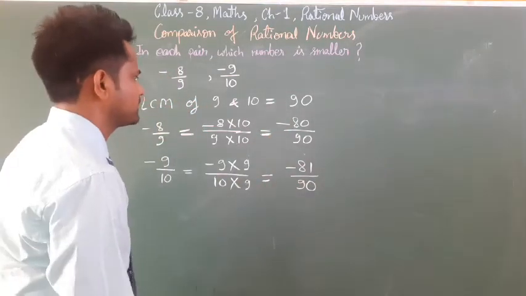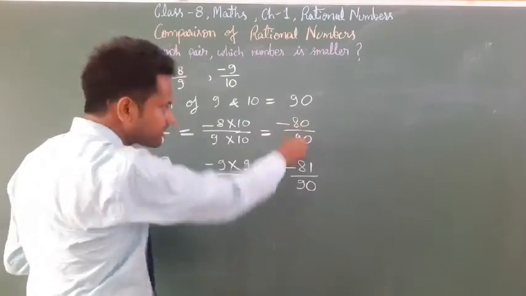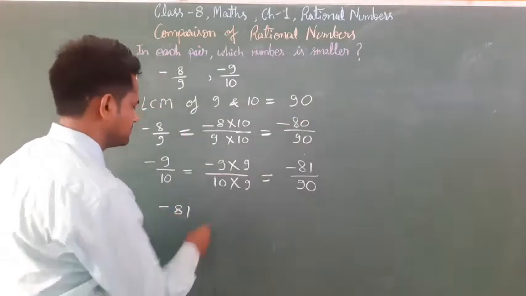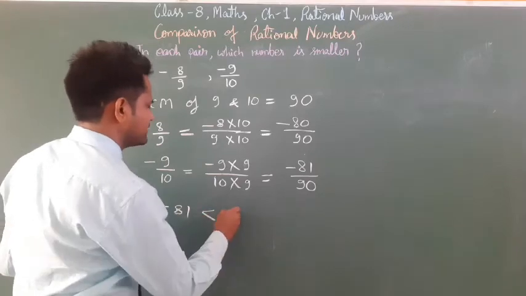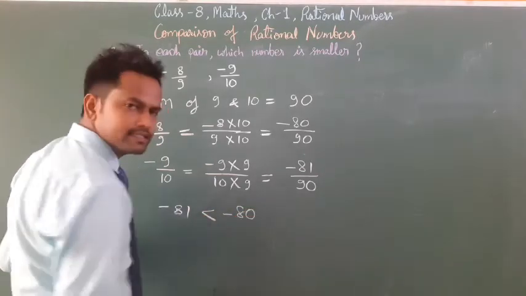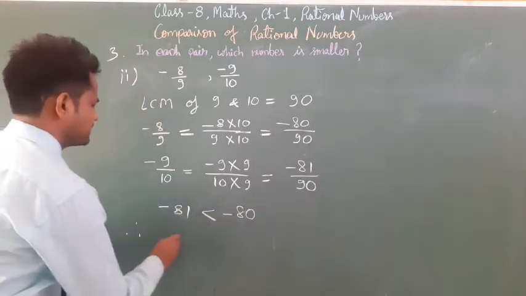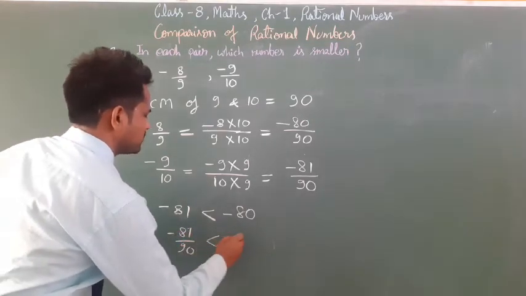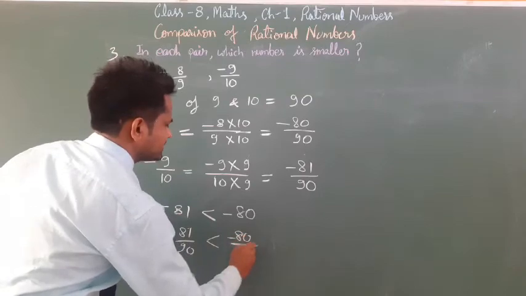Here minus 81 is smaller than minus 80, so that's why minus 81 upon 90 is smaller than minus 80 upon 90.